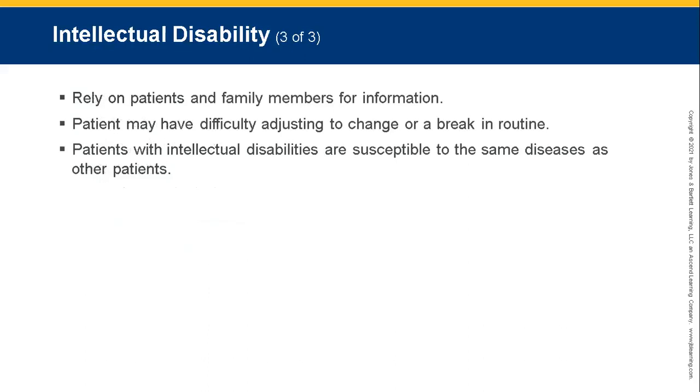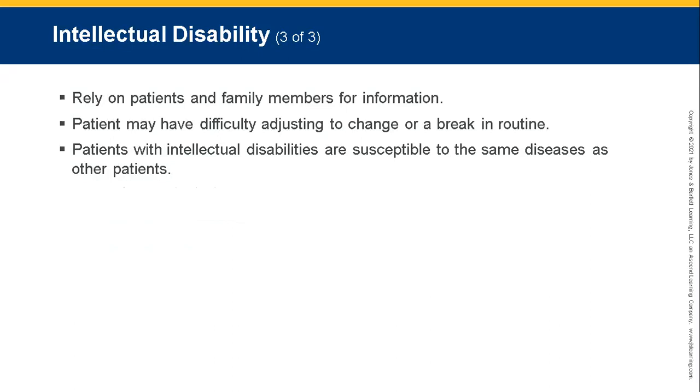Now, possible causes: genetic factors, congenital infections, malnutrition, environmental factors, fetal alcohol syndrome, traumatic brain injury, poisoning. With these patients, you need to rely on the patient and family members for information.